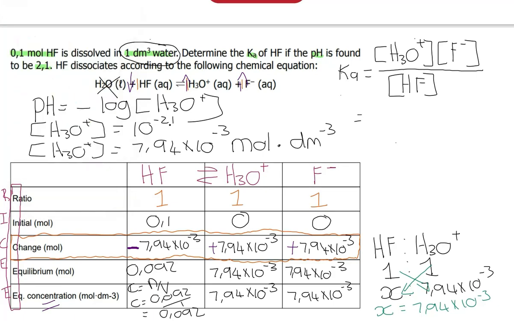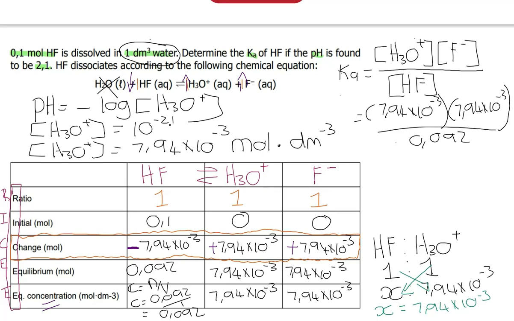We're going to take the hydronium concentration as 7,94 times 10 to the negative 3, and multiply that by the F minus, which is also 7,94 times 10 to the negative 3, and that over the HF, which in this case was 0,092.